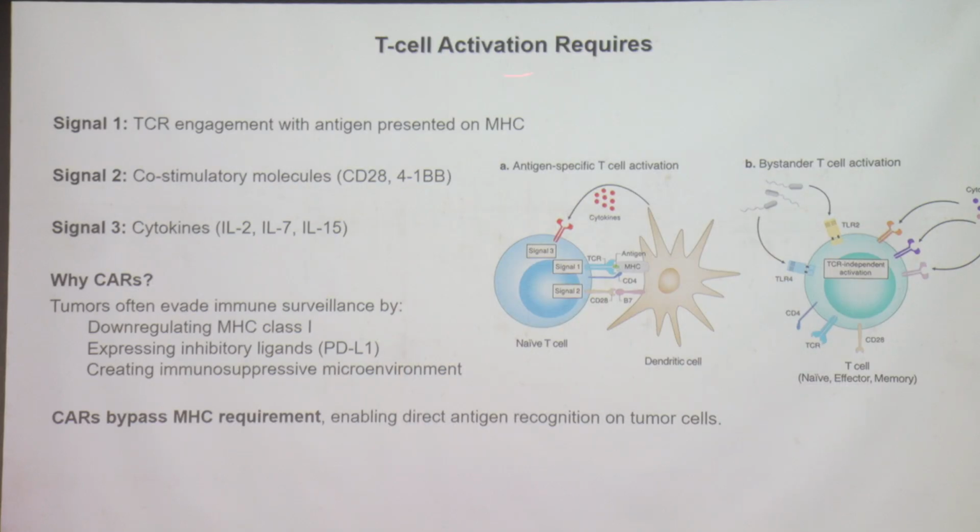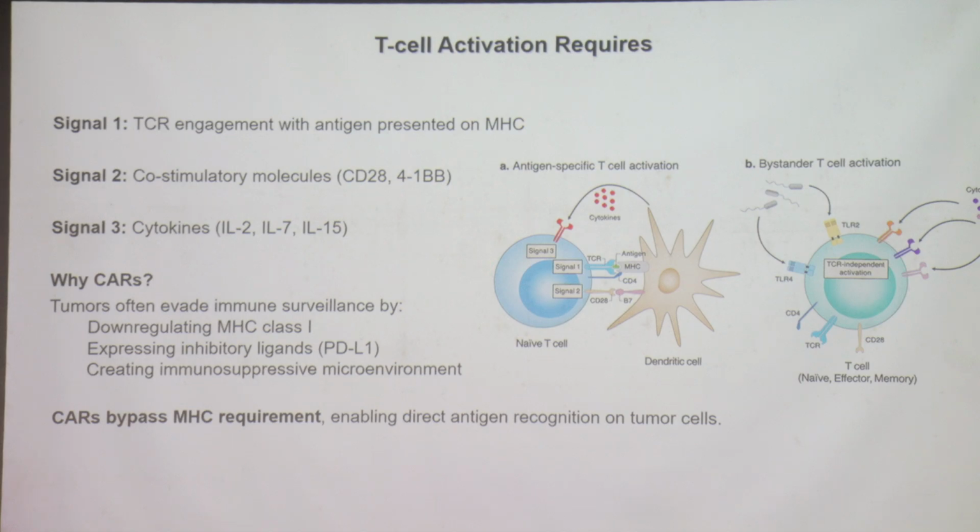So T cell activation requires, I am just reminding you here, natural T cells, when APC cells present through MHC, they present the antigen, the TCR, T cell receptor, binds the antigen and recognizes it. Then you guys saw the B7-CD28, right? That is the second signal. So when these two signals are there, then dendritic cells will release cytokines.